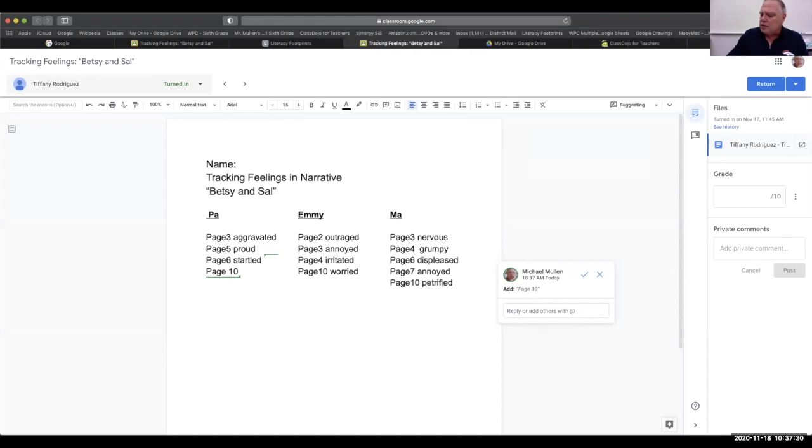But what I want us to do is just look at how these emotions in each character progress, how they intensify.